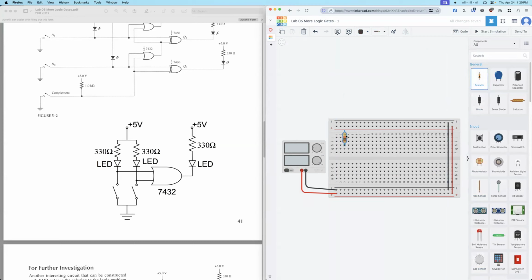For this one, I could use this way. This is the positive, so positive goes down through the 330. Then LED, so we need to get 2 more first.